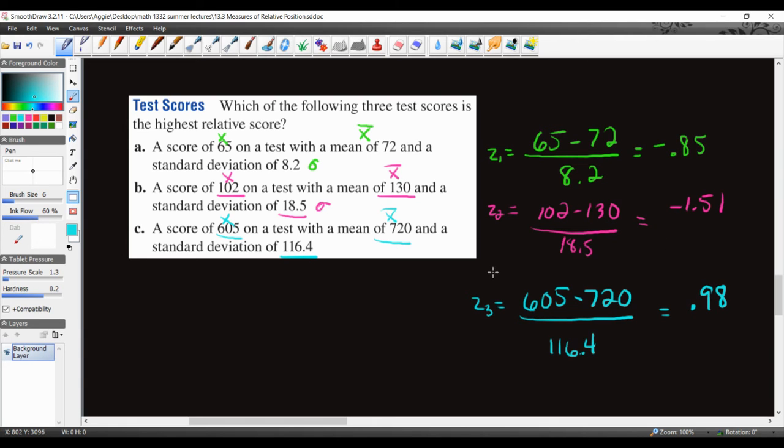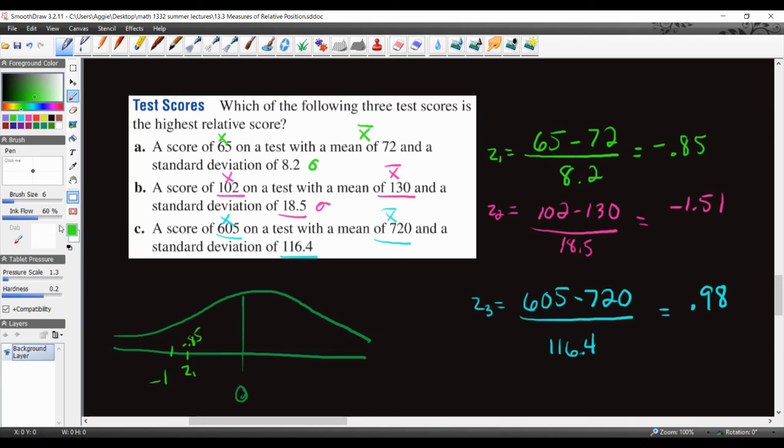They're saying which of the following 3 test scores is the highest relative score. So again, you have to think about that curve that I showed you before. Here's my 0, and this is where the z lands. Negative 0.85, we'll say this is negative 1 here, is about right here somewhere. So Z1 is right here at negative 0.85.